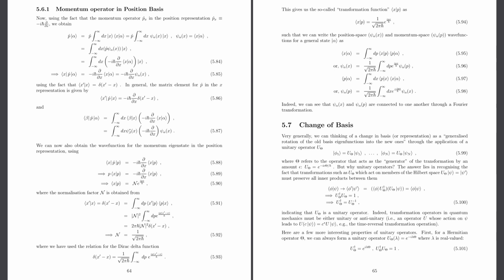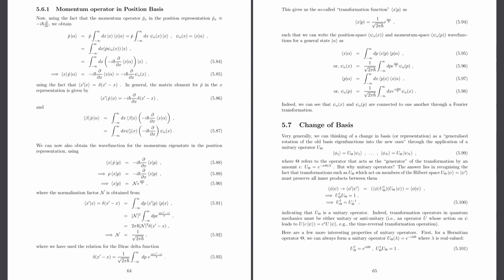It's a function, e to the i px by h bar. But it's also got a number associated with it. That weight factor is 1 by square root of 2 pi h bar. Okay. So in general, the overlap between such objects, one from the ket space, one from the bra space, will give rise to functions, not necessarily numbers.